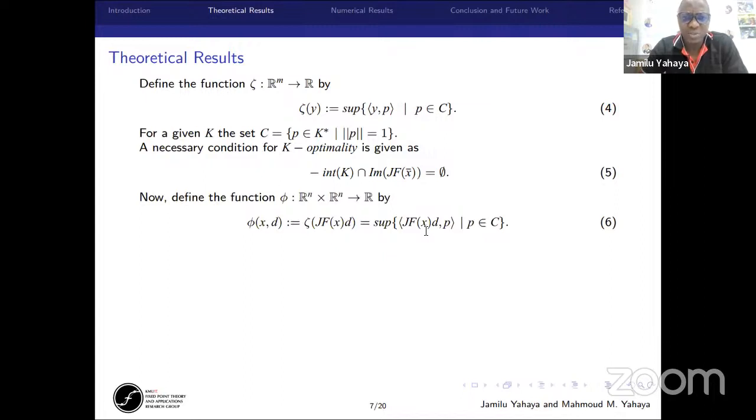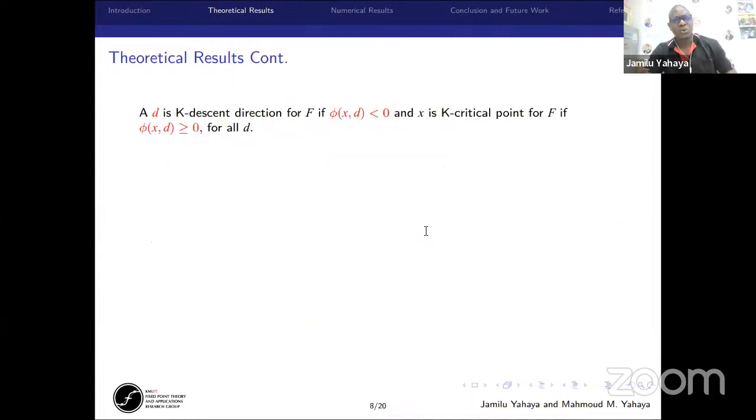But otherwise, if it is not satisfied, then we have to use what we call a K-descent direction. So d is a K-descent direction for F at x if this inequality holds, that is, phi of x comma d is strictly less than 0. And x is a K-critical point for F if this condition is otherwise.